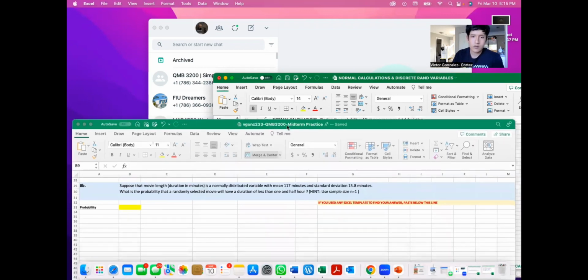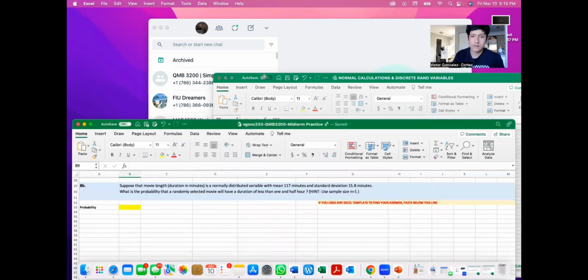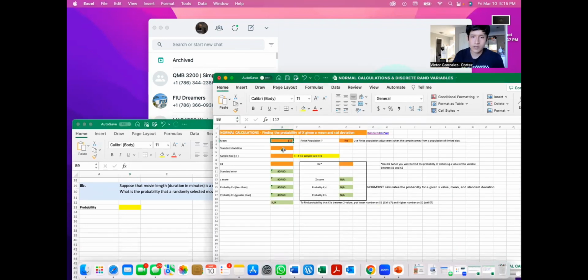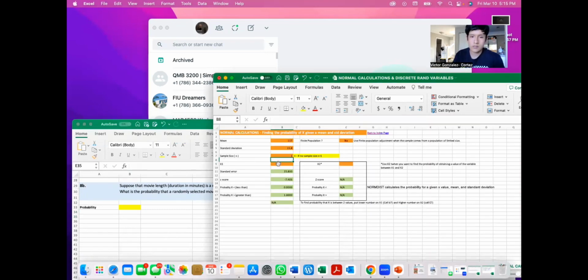For this one, our mean is 117, our standard deviation is 15.8, and our sample size is going to be 1. And it says less than 1.5 hours. So 1.5 hours is actually equal to 90 minutes. That's our x value here.